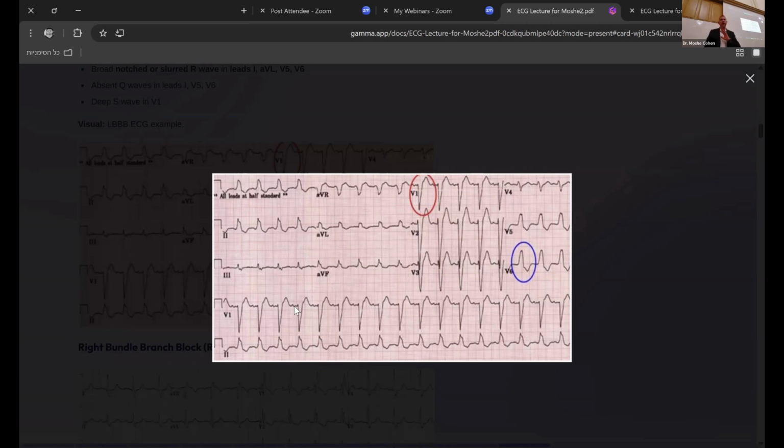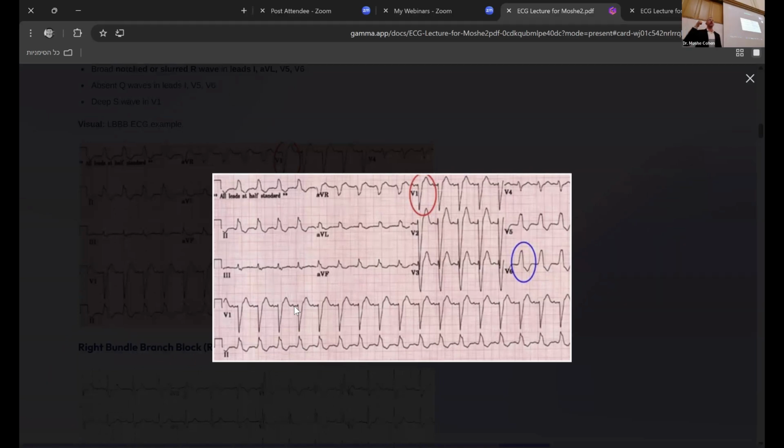Okay, what's the axis? I'll give you a very simple way to see the axis immediately. Normal axis means a positive wave on the first lead and a positive wave on AVF.